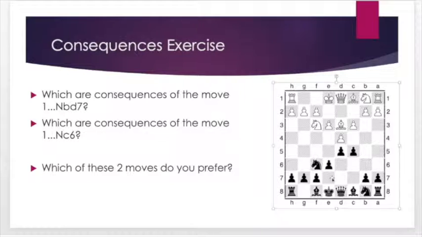Start with one, completely work through it, and then either make a new page or space down a little bit, and then go with the other move and put down both the positive and the negative consequences of each move. Lastly, use those evaluations to figure out which of the two moves is a better move. So go ahead and pause the video now. I'll give you a couple seconds before I go forward.